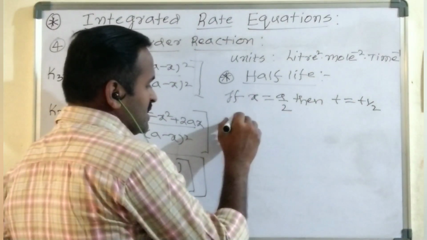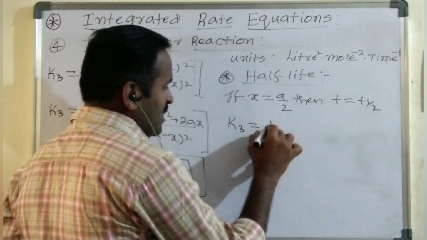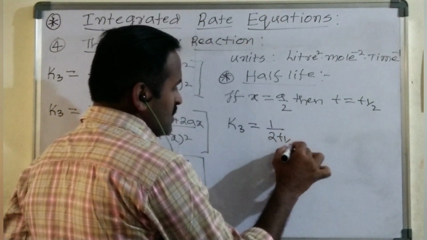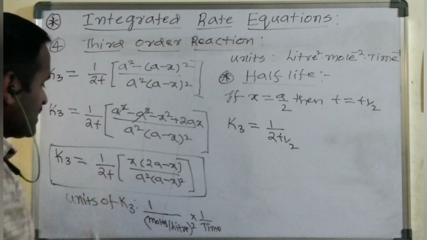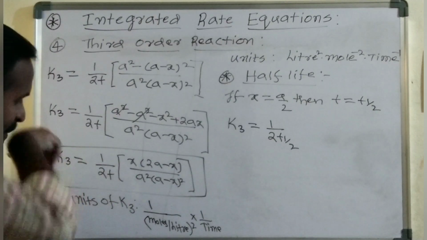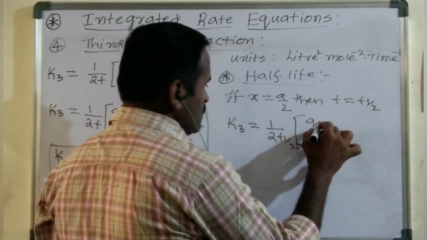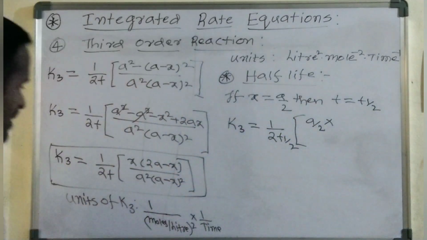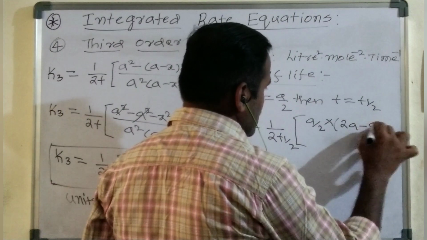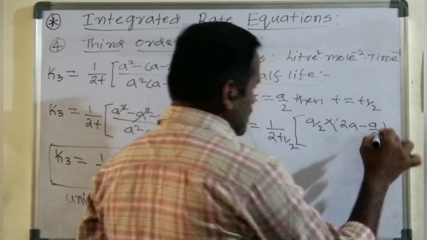So k3 is equal to 1 by 2 t half into x, which is a by 2, into 2a minus a by 2.